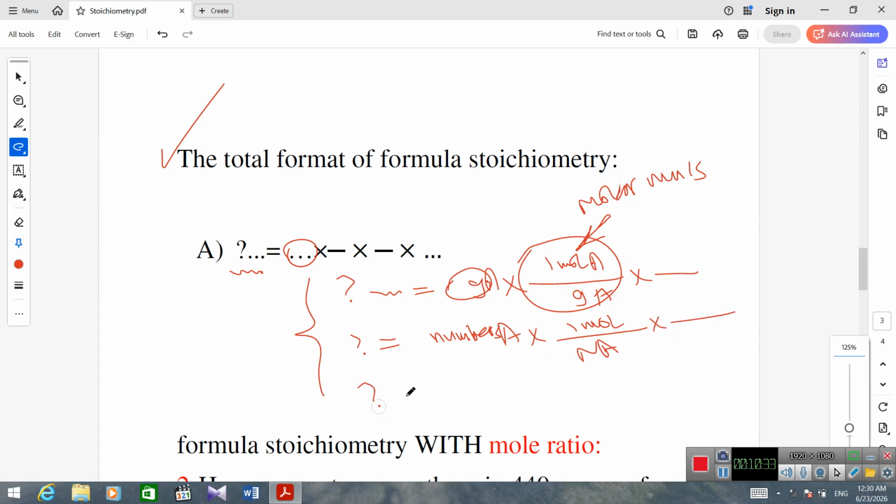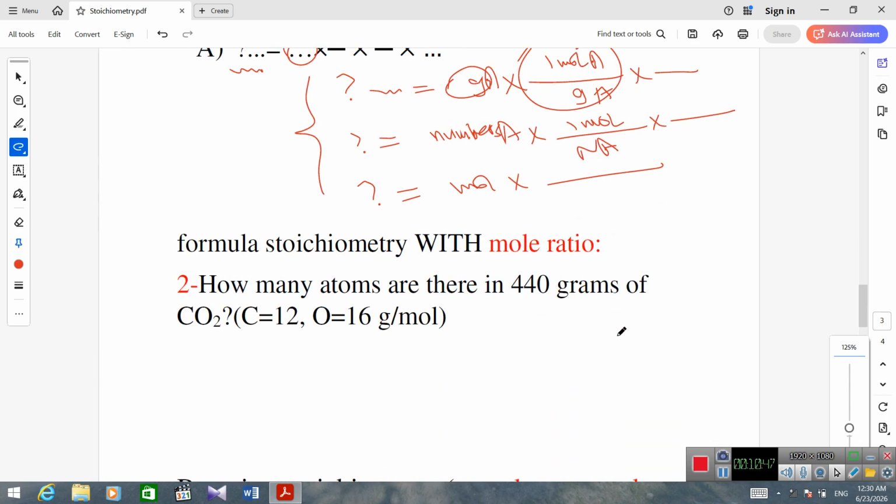And if the given data is in moles, we can continue solving the problem. This point is so important for stoichiometry's mole ratio.